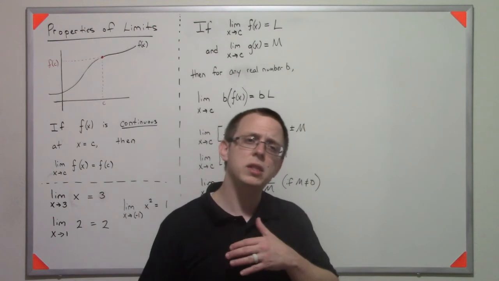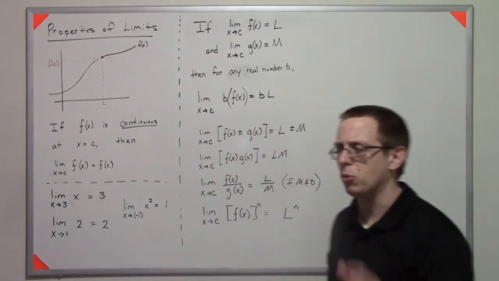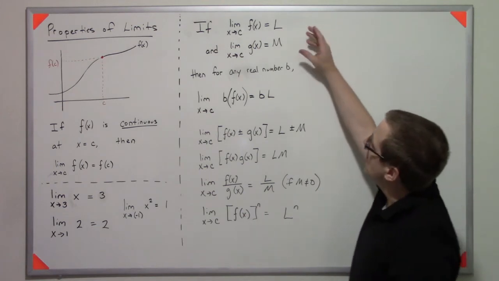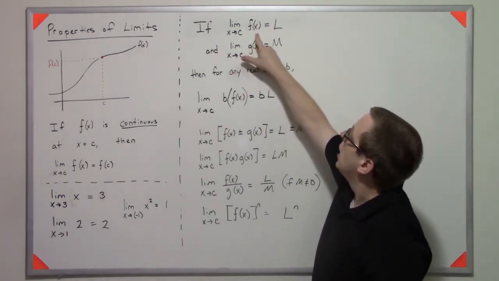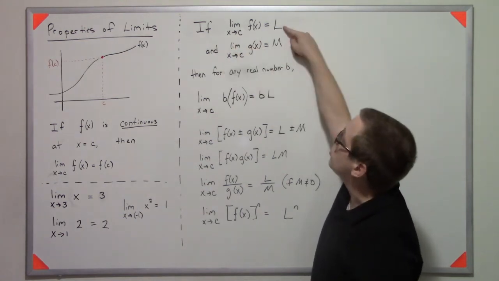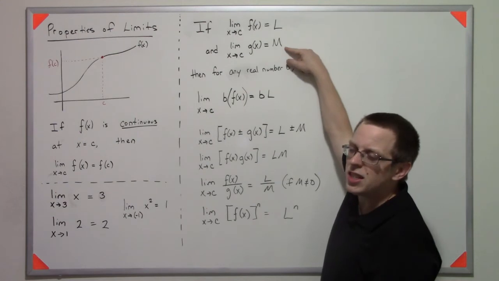But now that we know that about limits, let's move a little further and talk about some generic properties. If I have two functions here, and as x goes to C, this goes to some number L, and this goes to another number. So we're assuming that these exist and are finite.